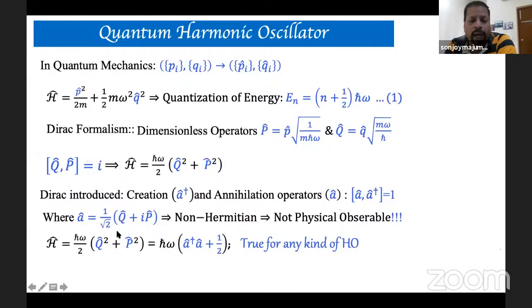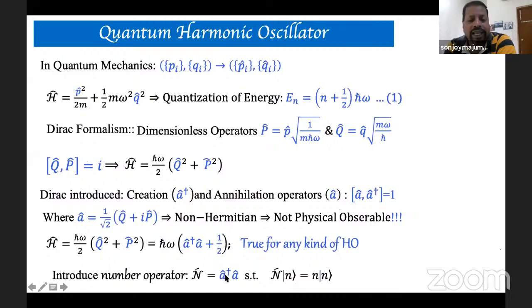But if you compare this form of the Hamiltonian operator with the energy which you actually get as an eigenvalue from the Schrodinger equation, you can introduce a new operator, known as the number operator, a dagger a, such that the eigenvalues of the number operator are labeled by the quantization level, which we introduced in the last slide.